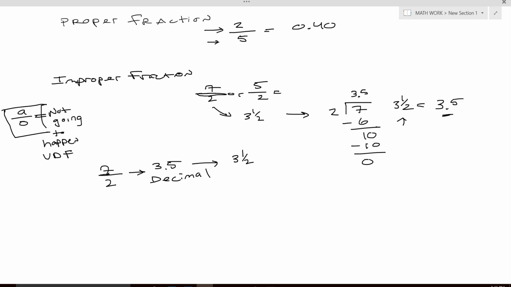So 3 is a whole and then some fraction. Think of it in pizzas. You have 3 entire pizzas and then you have half of another pizza that same size. So we can say mixed number.